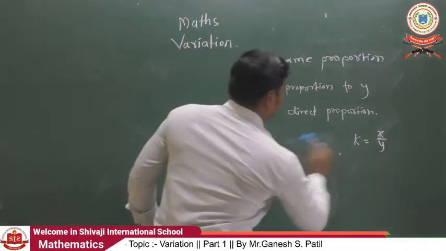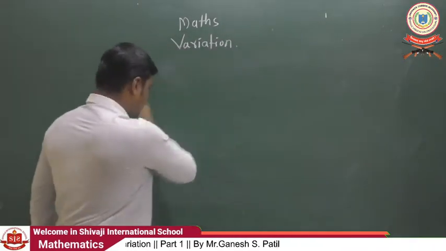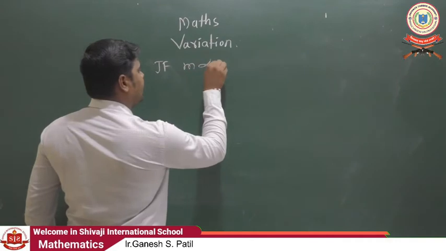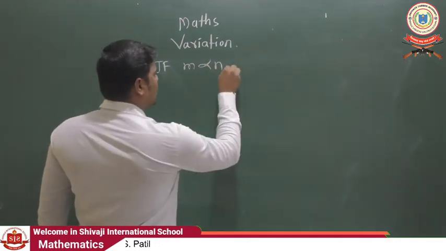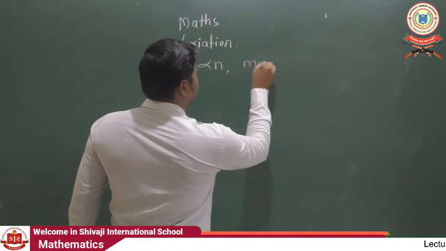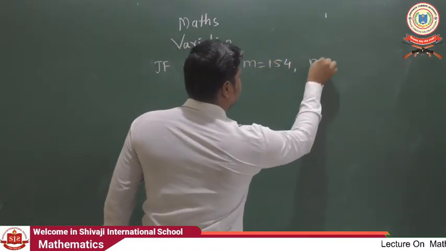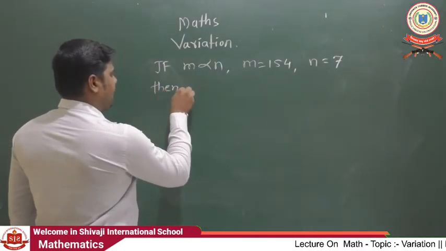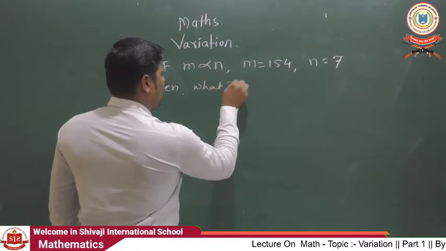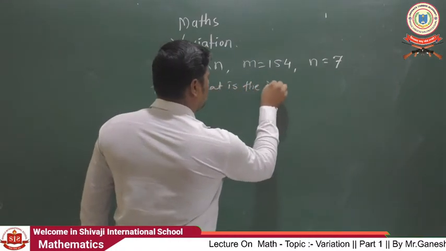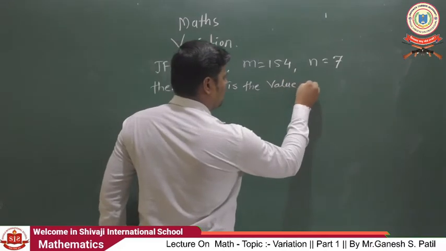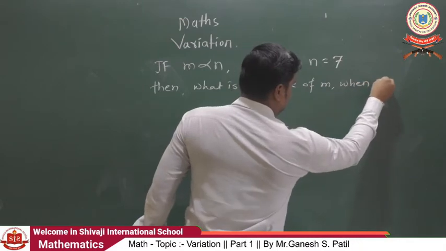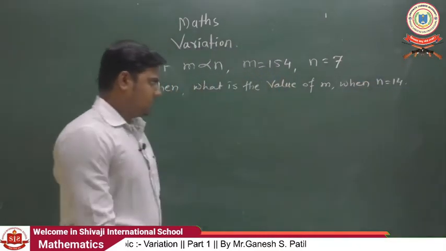Okay, the example of direct variation is, if m is directly proportional to n, okay, then m is equal to 154, n is equal to 7, then what is the value of m when n is equal to 14?